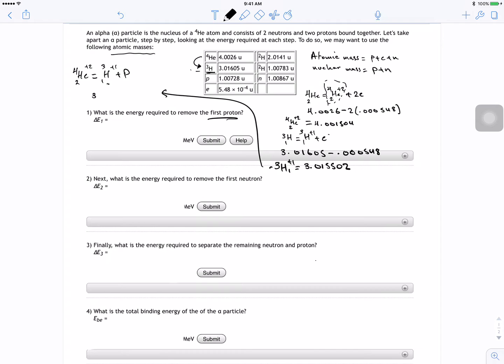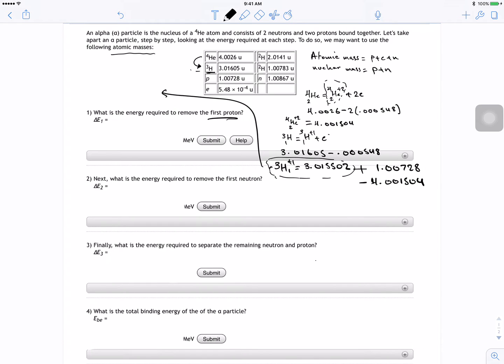The summation of this one plus the proton, which is 1.00728, the mass of the proton, minus the mass of helium-4, which is 4.001504, the mass of helium without the 2 electrons, because we're looking at the nuclear mass.